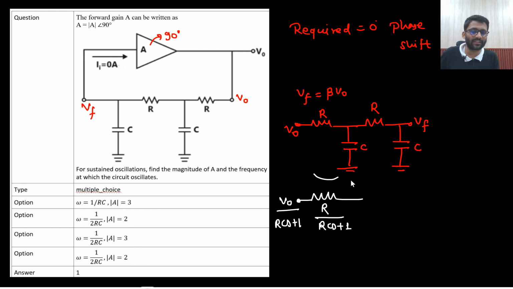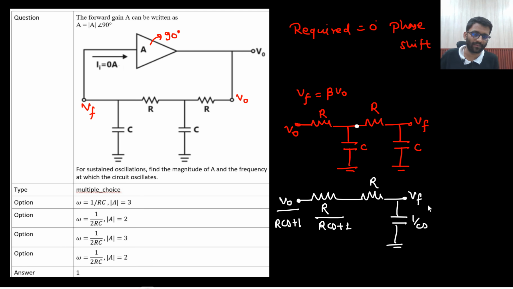Are you getting this point? I am just replacing this circuit with Thevenin voltage, nothing else. Thevenin voltage is 1 upon Cs over 1 upon Cs plus R, into V naught, so V naught upon RCs plus 1. The Thevenin resistance is R parallel with 1 by Cs. Then there is R in series and then 1 by Cs.